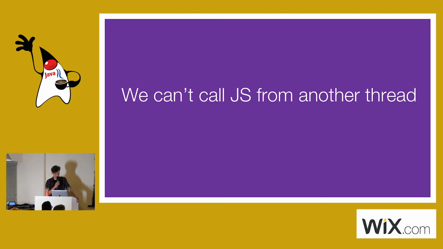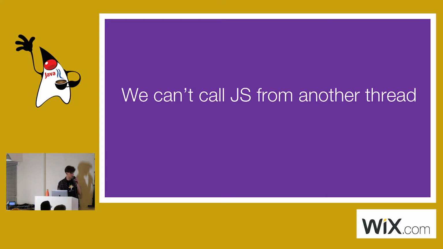If you modified something inside something that Node.js can access while it's running and doing something else, you have no idea what would happen, and you would probably run into a really inconsistent state and have a really bad time. So yeah, we can't call JavaScript from another thread, which is not great.